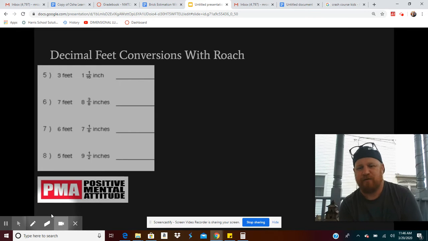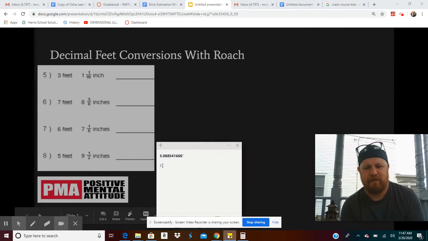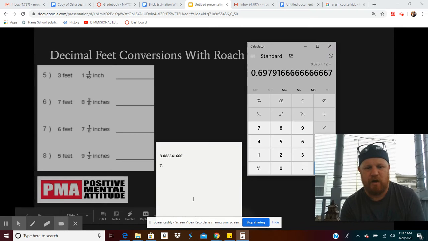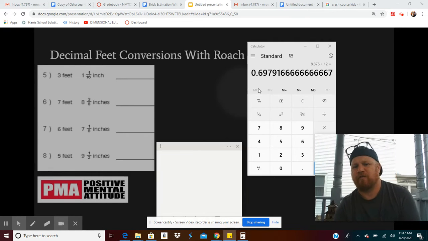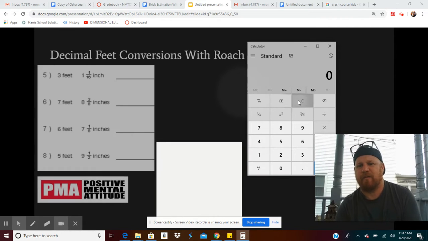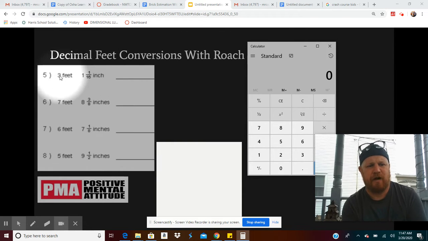I got a couple different examples over here to the left, and I'm going to break down a worksheet as well. I just want to quickly go over how to convert some of these numbers that we have into decimal feet. Looking at this first example, 3 feet and 1 and 1/16 of an inch.